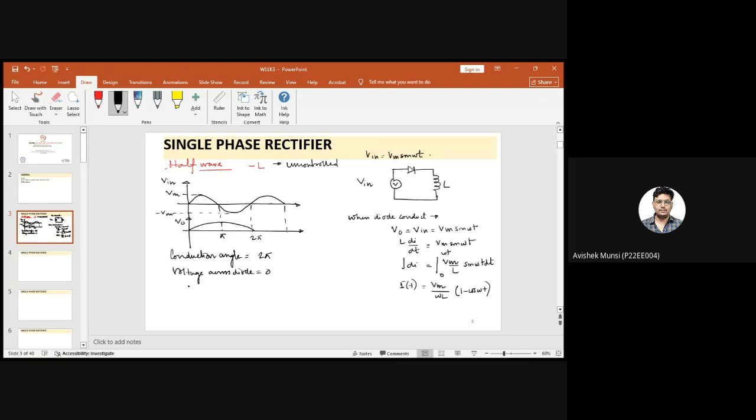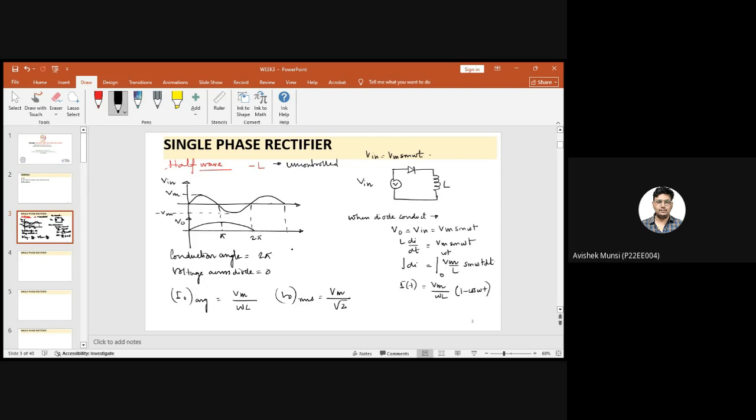So in conclusion, the average current will be Vm by omega L, and the RMS voltage will be similar to that of the R load, that is Vm by root 2. And what will be the extinction angle?